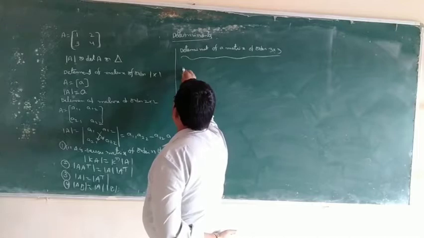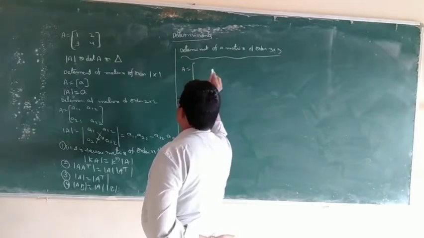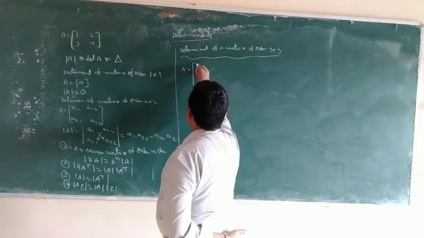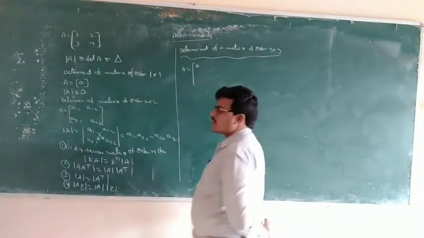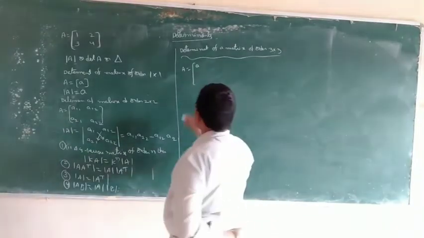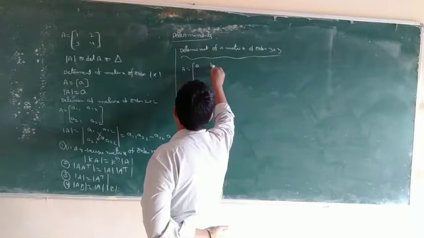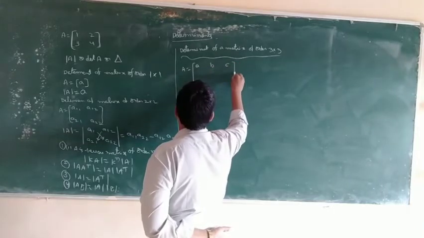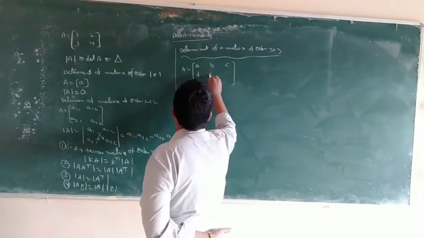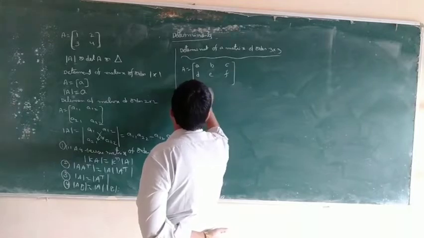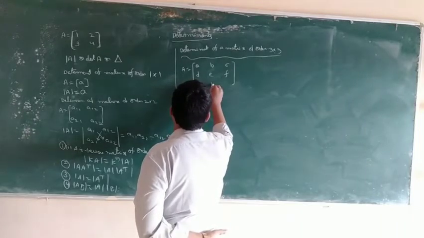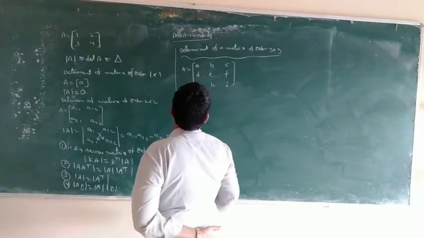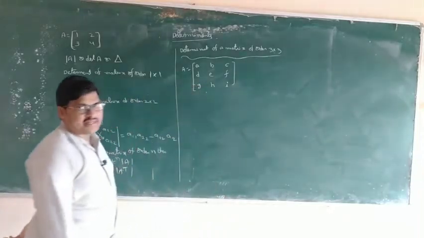For example, A is a 3 by 3 matrix, meaning 3 rows and 3 columns: A, B, C, D, E, F, G, H, I. How do we find the determinant of a 3 by 3 matrix?